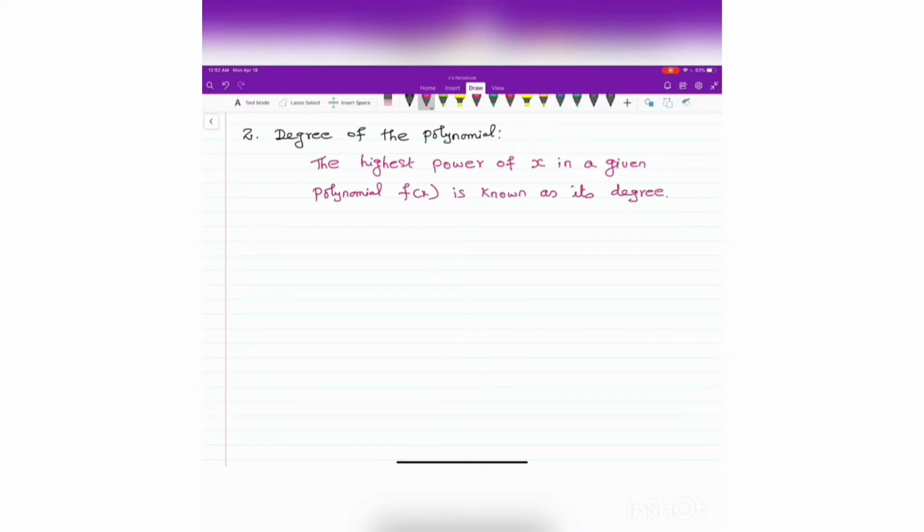Now let us decide the degrees for the following polynomials.